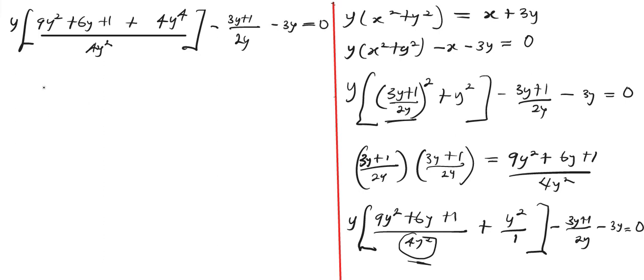So if you look at this equation very well, we have y here and we have 4y squared here, okay. So this y can cancel this y squared and we will be left with nothing here, and we will be left with 4y here.